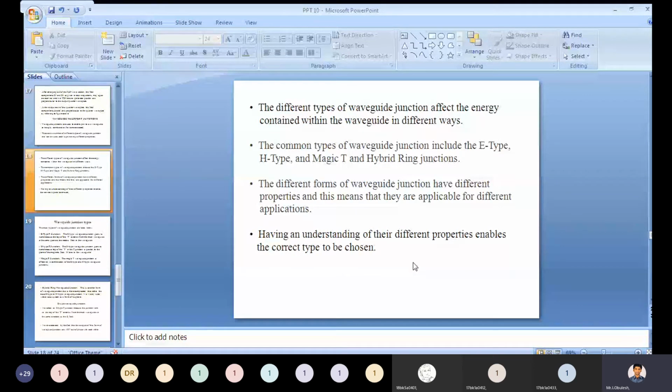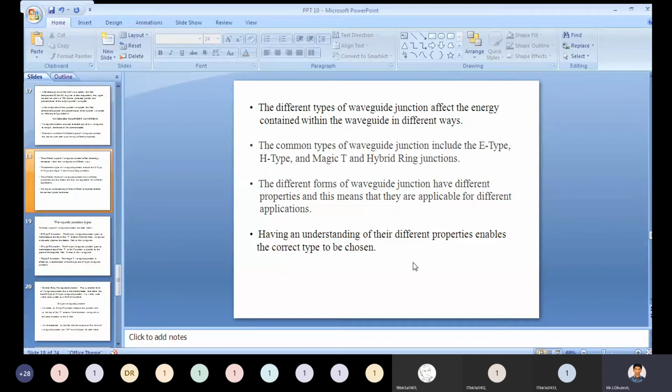The different types of waveguide junction affect the energy contained within the waveguide in different ways. The common types of waveguide junction include the E-type, H-type, magic T and hybrid ring junctions.